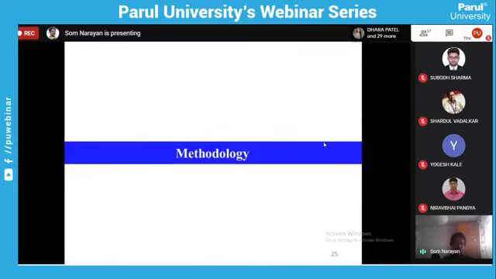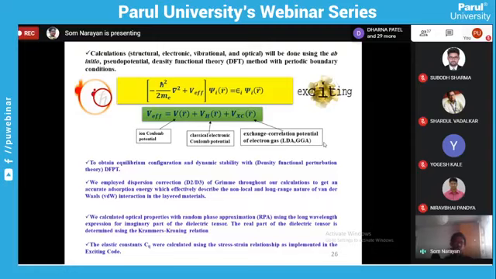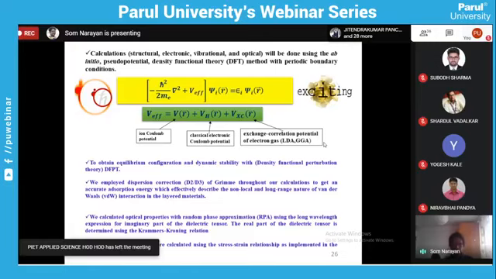So what is the methodology? As I showed, it is a quantum mechanical approach. Density functional theory is basically the Schrodinger equation. It solves the many-body problem in terms of density. So instead of computing 3N degrees of freedom, it deals with only 3 degrees of freedom. That is the major breakthrough of density functional theory.